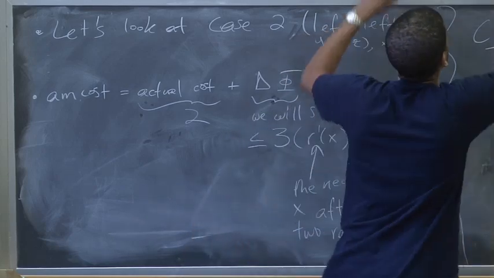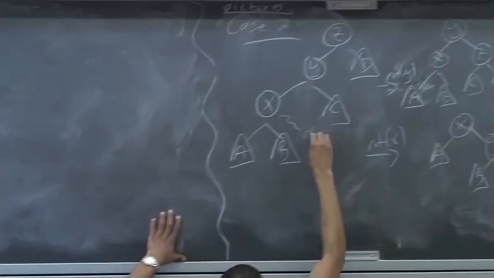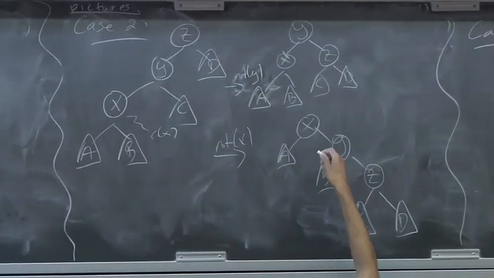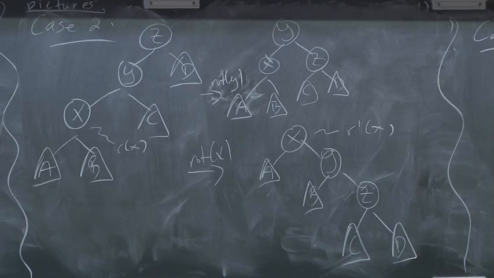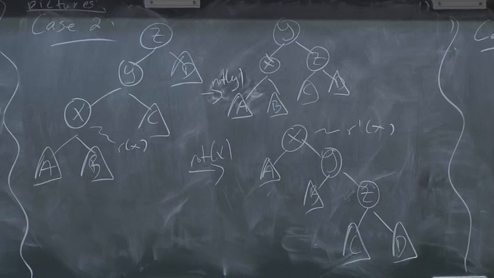So here it has some rank r of x. And finally, after we do the 2 rotations, it has some new rank r prime of x. Notice this 2 is going to cancel that 2.